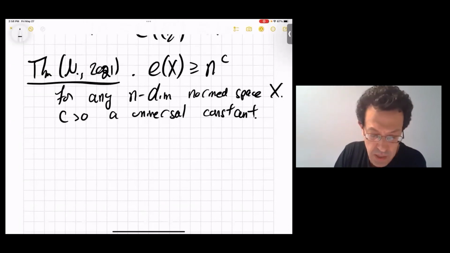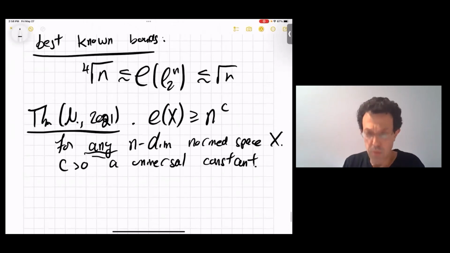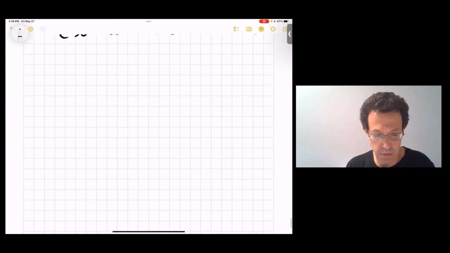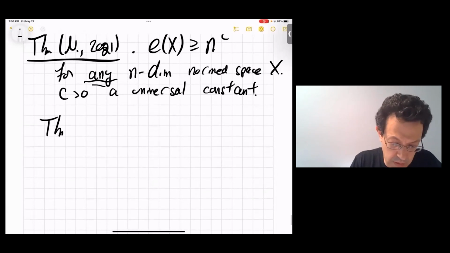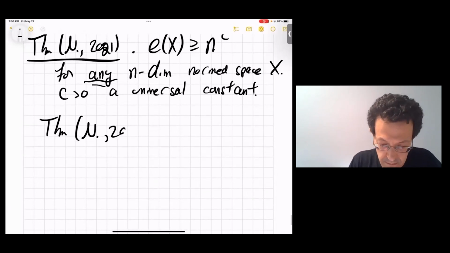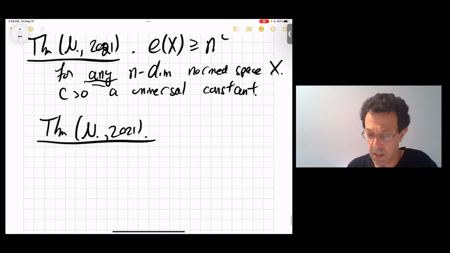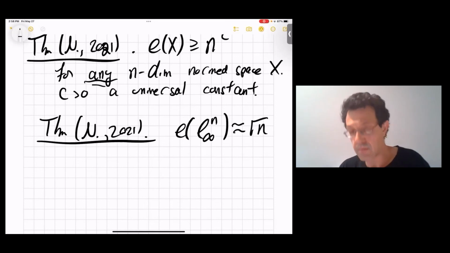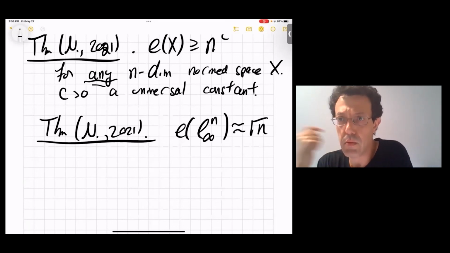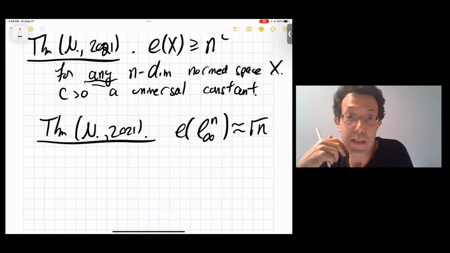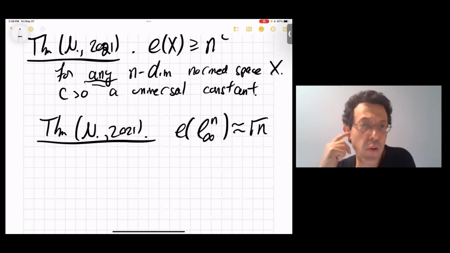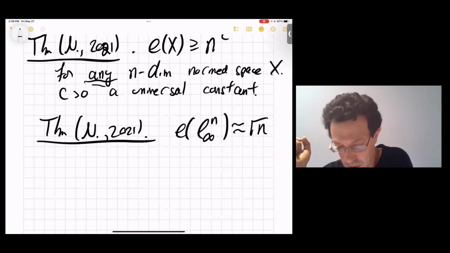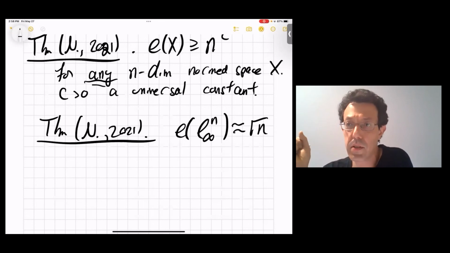Okay, so this is for any normed space. For L2, it's written here. So here's a theorem that follows from the L infinity version. In the same paper, it's all online, e of L infinity n is root n up to universal constants. Before I wrote this paper, there were zero examples of spaces for which we know their Lipschitz extension modulus.